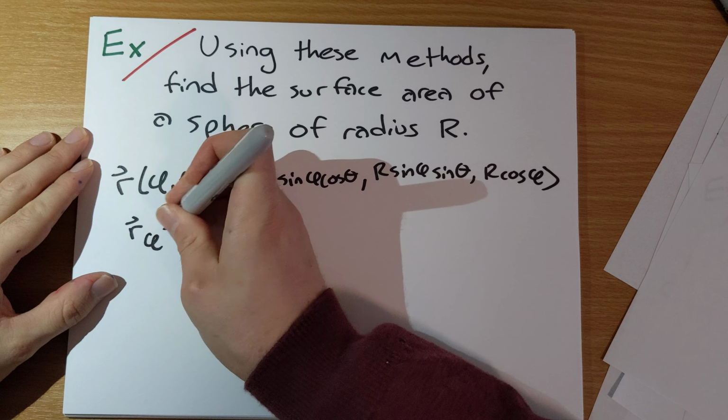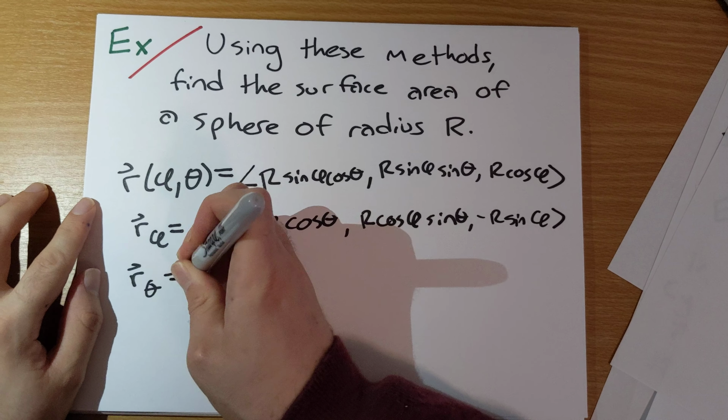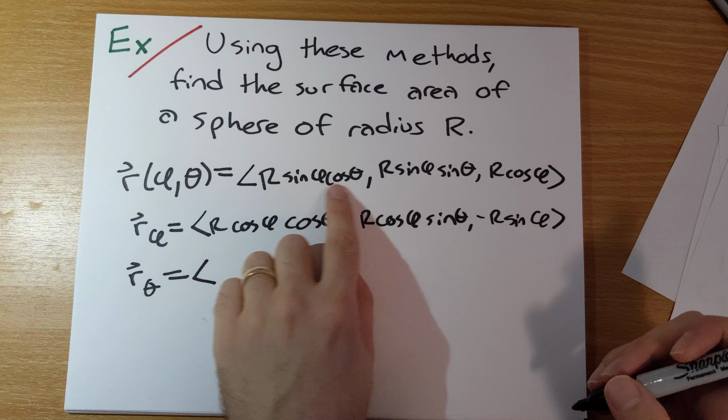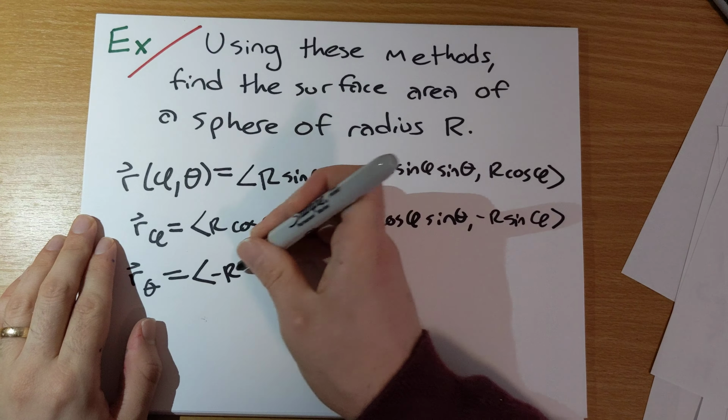We also need the partial derivative with respect to theta. We end up with negative r sine phi sine theta, then r sine phi cosine theta, and there's no theta dependence in the last component, so that partial derivative is 0.